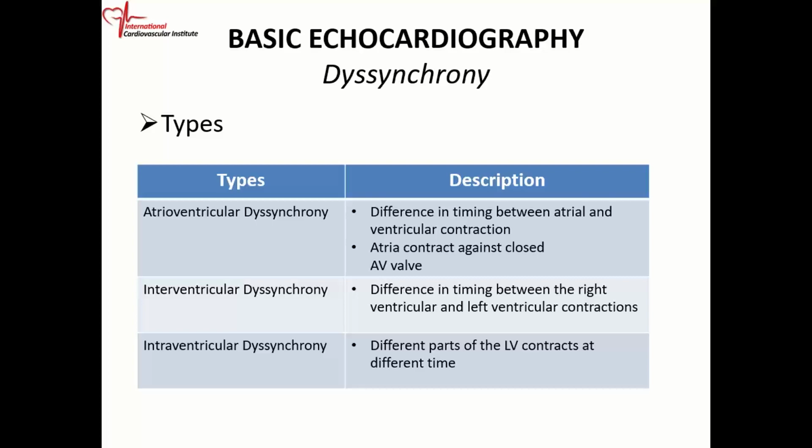And then towards the end of diastole, the atrium contracts. That's the same thing happening on both sides, left and right. It's a very coordinated and synchronized thing. If something is off, then you will get atrioventricular dyssynchrony.